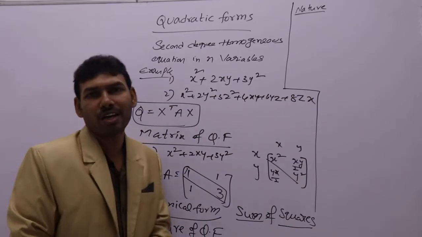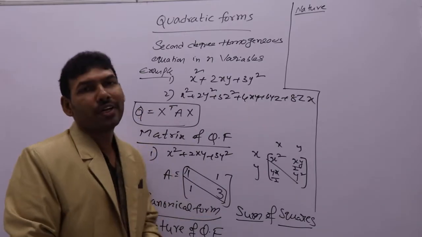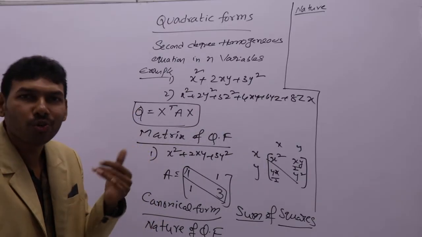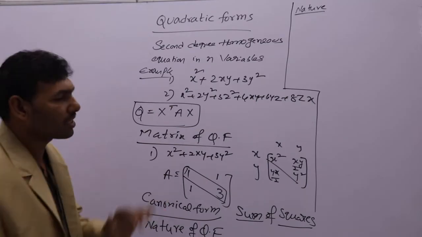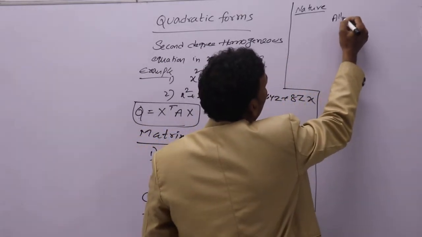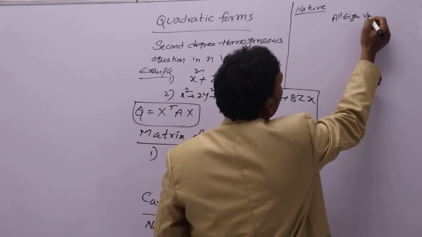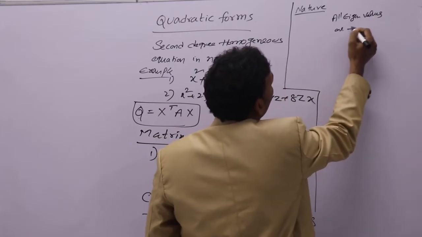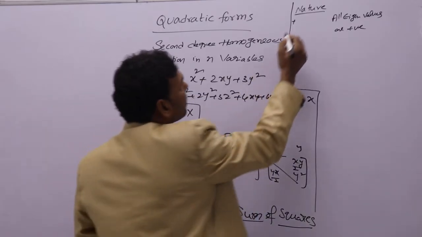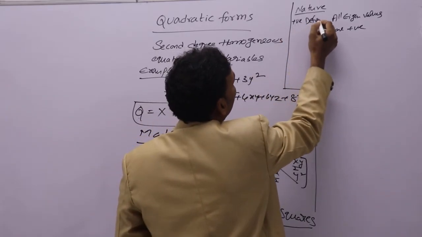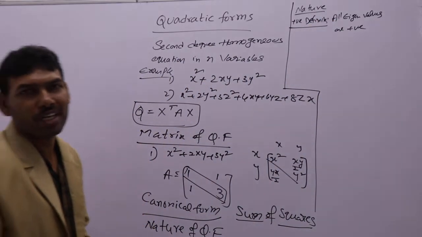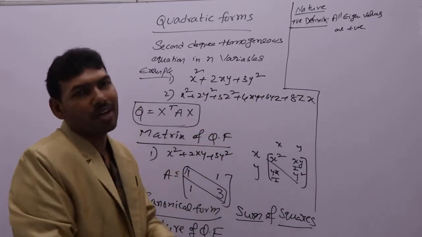After writing it, next you need to evaluate the characteristic equation. Next, solve that characteristic equation to get eigenvalues. We will discuss in detail while discussing problems. After finding eigenvalues, if all eigenvalues are positive, then we say that the nature of quadratic form is positive definite.